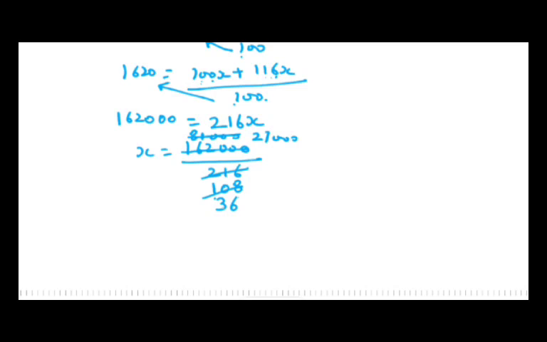By 3 again, or by 9 this time. 9 3s are 27, 9 4s are 36, 4 7s are 28, remainder 2, 4 5s are 20 and 0. So the cost of my chair is 750 rupees.